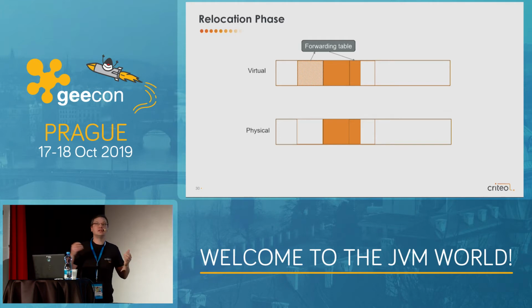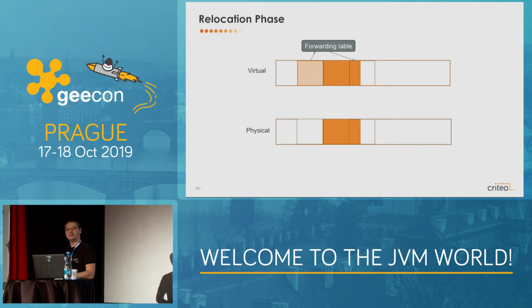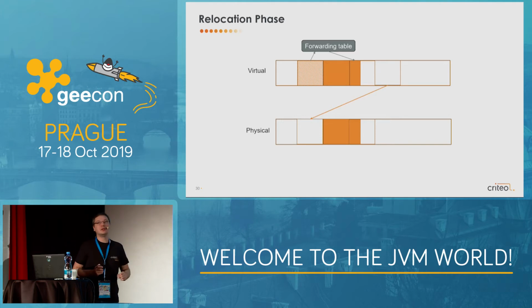So if an application thread tries to access an object inside this page, it will trigger the LVB, get the information from the forwarding table, and go to the new location. So we can reclaim this physical page, reuse it, and we can allocate a new virtual page backed by the physical page that we released.